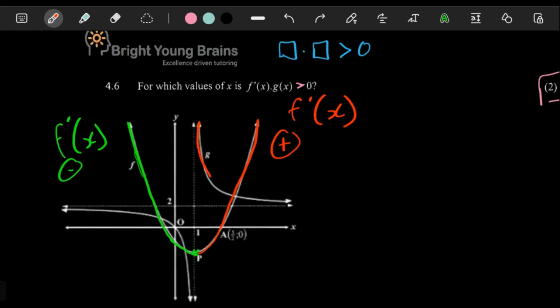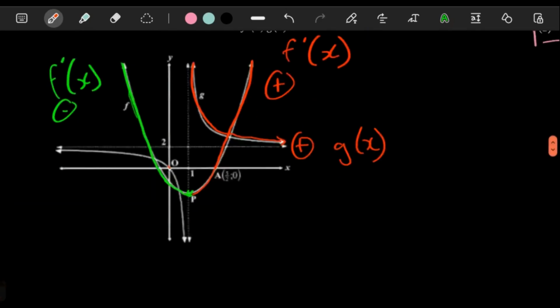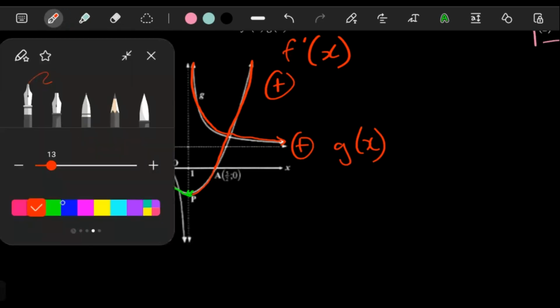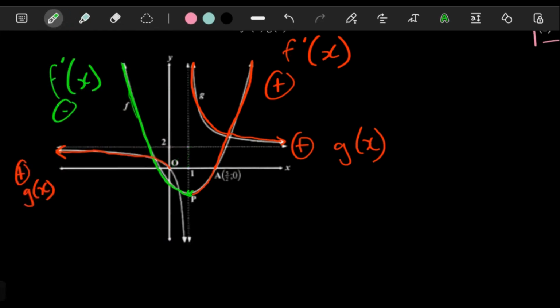This is where the y values of g are positive, and this part here is also where the y values of g are positive. Apart from that, this is where the y values of g are negative.